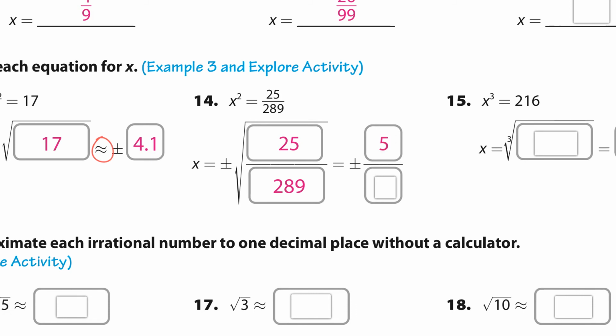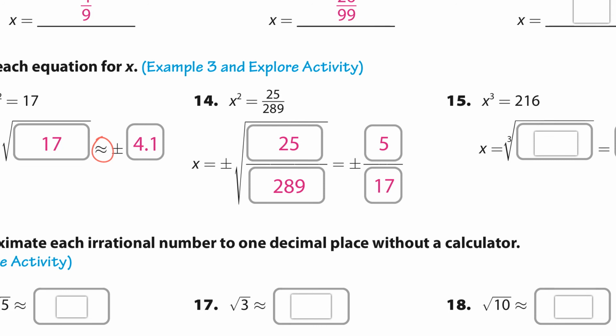That's 5. And the square root of 289, well, that's 17, because 17 times 17 is 289. And again, with any of these square roots, you have to recognize that this could be the positive or the negative. So 5 times 5 is 25, but negative 5 times negative 5 is also 25, and negative 17 times negative 17 is 289. So you need to take that into account.